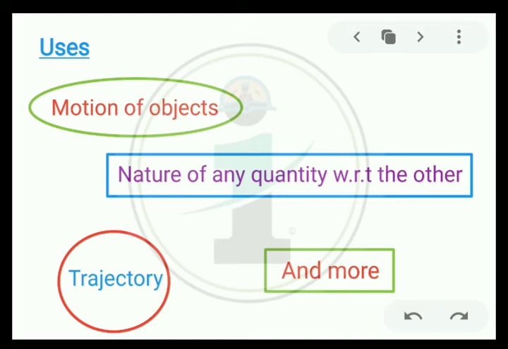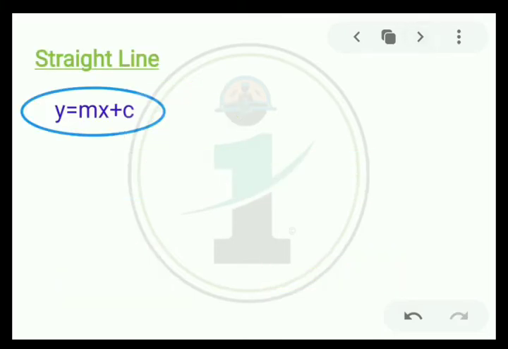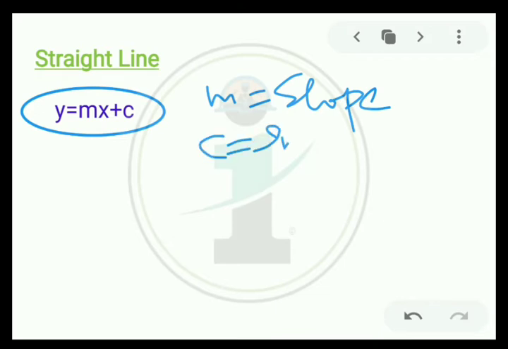Now let us talk about the first thing, which is not 2D, which is a 1D construction, and this is a straight line. Generally, the straight line has an equation y equals mx plus c, where m is the slope and c is the intercept in the y-axis.